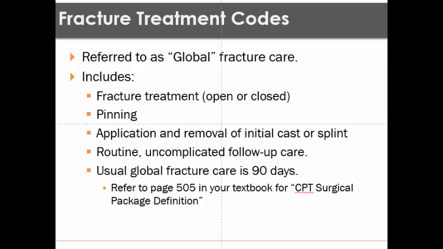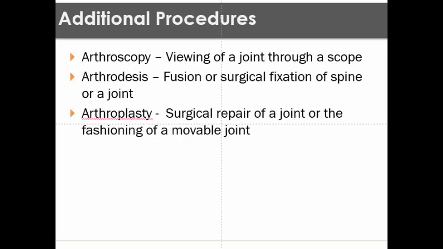Your global fracture care includes fracture treatment, whether it's open or closed, pinning, application and removal of initial cast or splint, and routine uncomplicated follow-up care. The usual global fracture care is for 90 days. You can refer to page 505 in your textbook for the CPT surgical package definition.